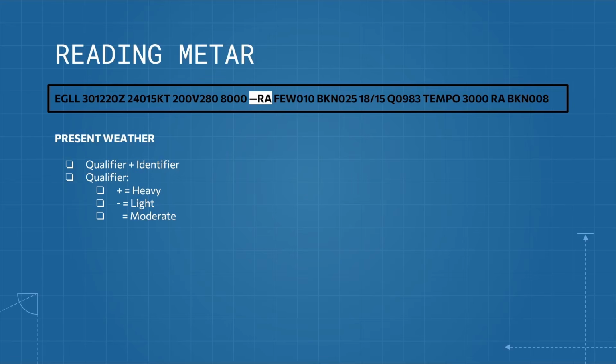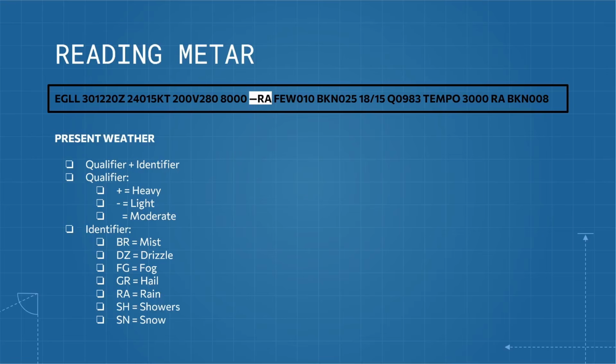There are over 30 different dual letter weather identifiers, but the most common are BR for mist, DZ for drizzle, FG for fog, GR for hail, RA for rain, SH for showers, and SN for snow.